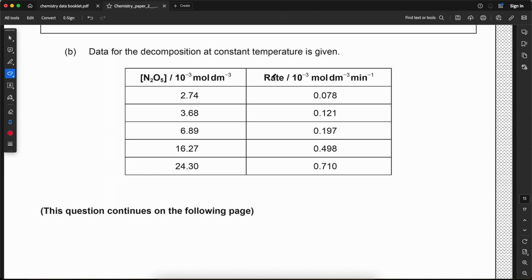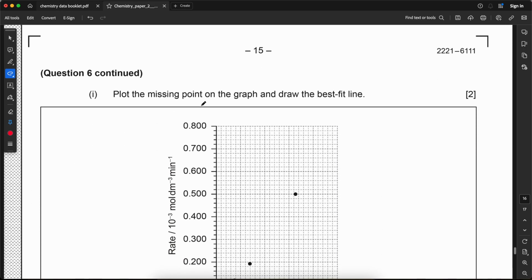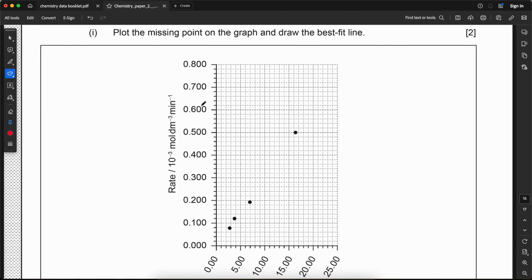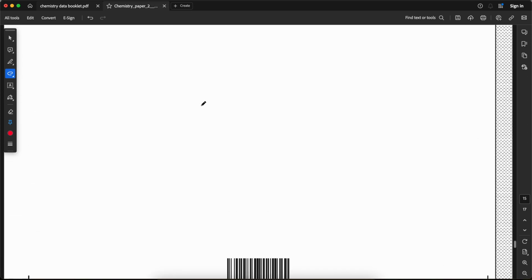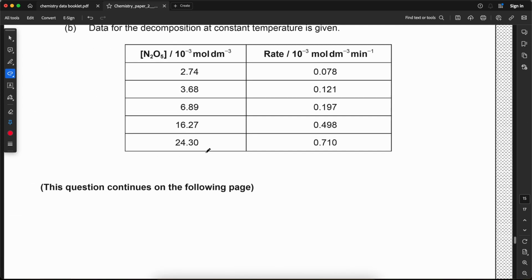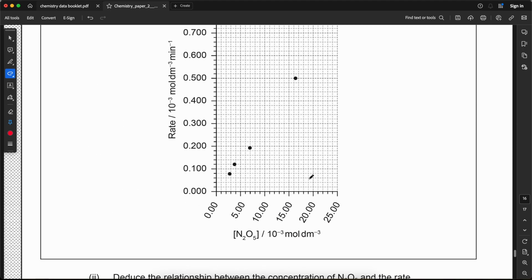Data for the decomposition at constant temperature is given. These are the data. Okay. The question is plot the missing point on the graph and draw the best fit line. So now we have only 4 data. The fifth one will be 24.30 and 0.71.